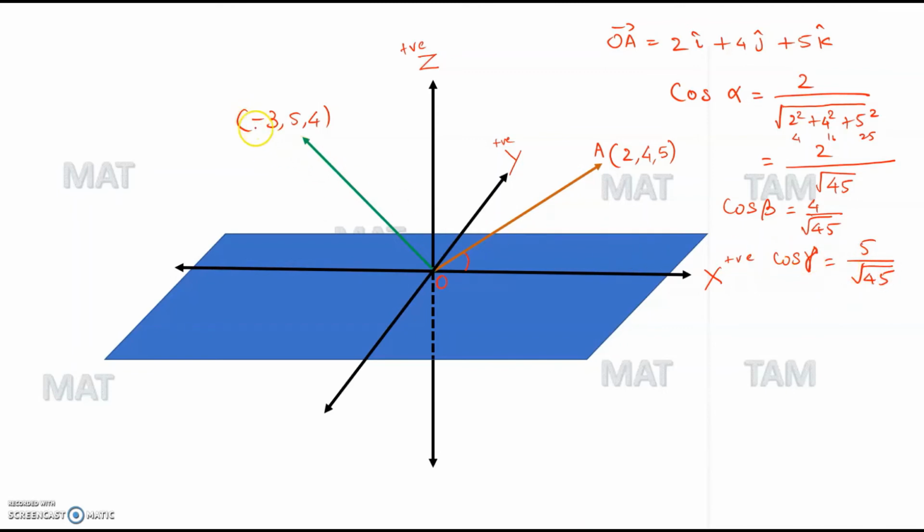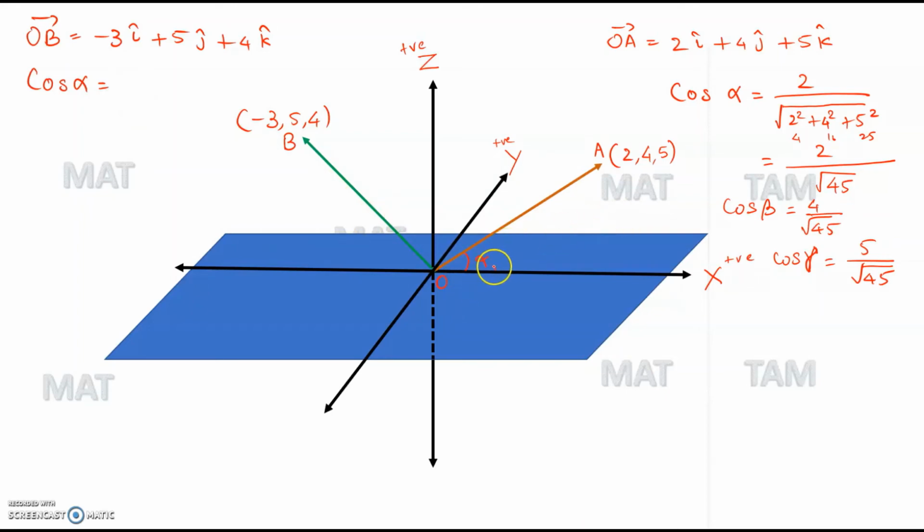Now let's come to this coordinate. Let's call this point B, and my vector OB can be defined as -3i cap plus 5j cap plus 4k cap. So what would be the cos alpha here? We have this angle as alpha.